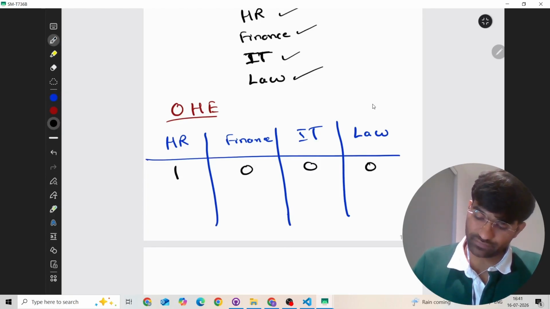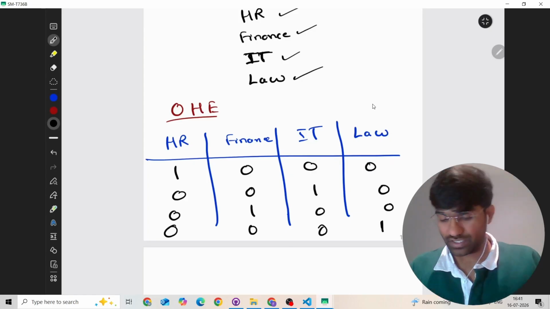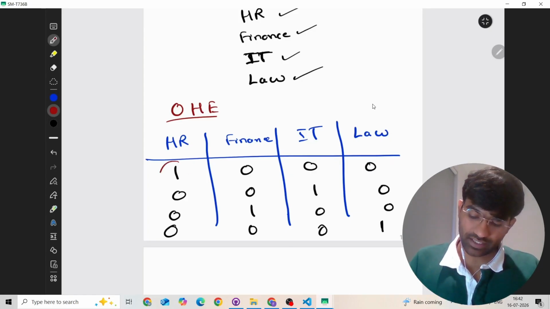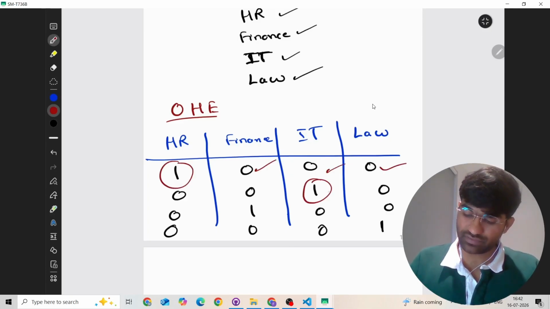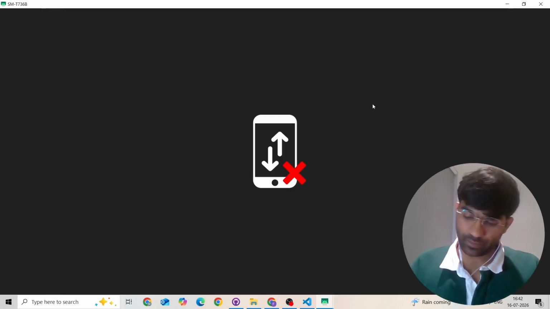If it is IT, it will be 1 and the rest 0, 0, 0. If it is finance, it is 1, rest are 0. If it is law, it is 1 and rest are 0. Simple logic. Whichever value is true, it will specify it as 1 and the rest all are 0. And it creates separate columns for each categorical value.